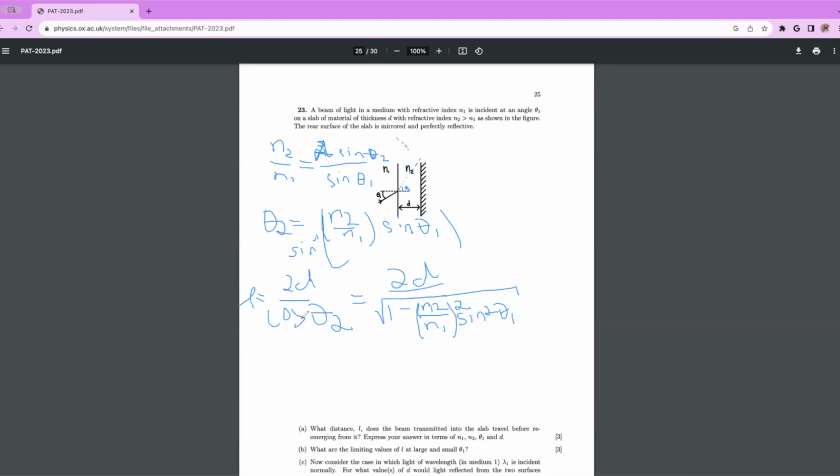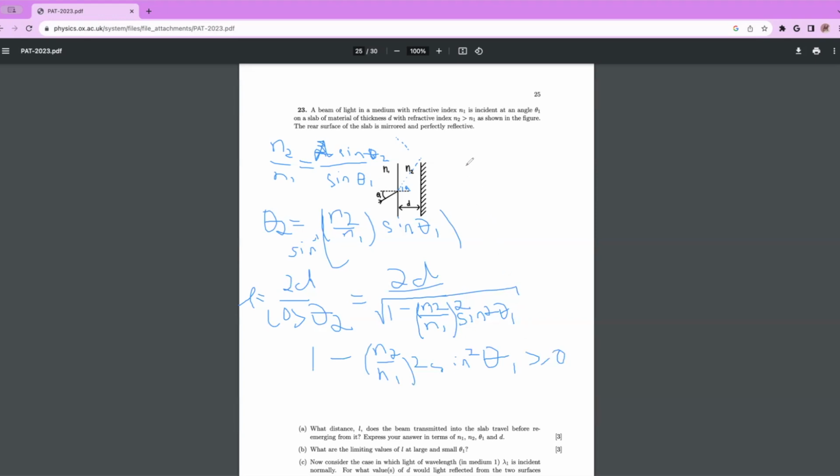Oh, what are the limiting values of L at large and small theta 1? Well, if theta 1 is small, then we can assume it's 0, which does not work. Actually, no, we can just assume that this has to be positive, right? Which means 1 minus n2 over n1 squared sine squared theta 1 has to be greater than or equal to 0.